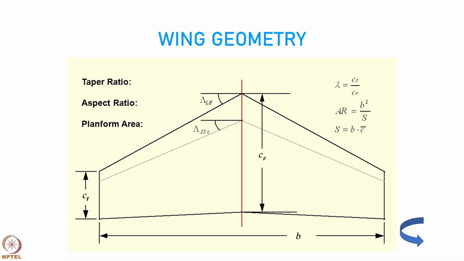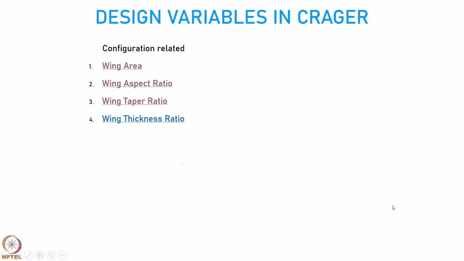It will be 1 if you have no reduction in the chord along the length, you have a straight, rectangular wing, the taper ratio will be equal to 1. Okay. So, it will be 1 or less, and in some cases you define the taper ratio as the root chord upon tip chord, in which case it will be equal to 1 or more. So, depending on the value specified, you can make out which convention is being used. Generally, it will be tip chord upon root chord, and that is what we also will use in our study.